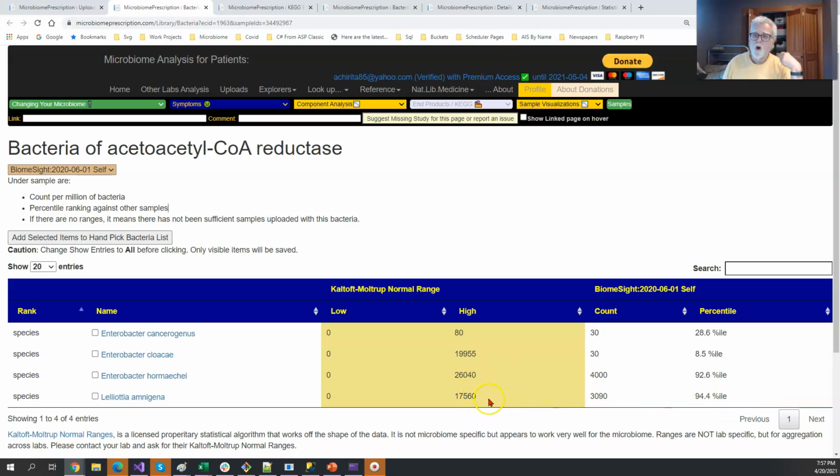So those two are relatively high for the population, which means that the enzyme production from a Biome Site sample, which is where this is coming from, would probably be high even if I adjusted it only for the Biome Site samples. So it's a bit messy, and all I can do is say I'm trying to do the best I can with the data available, and the more samples, the better the data becomes. So it's a matter of things adjusting over time as volumes of data come in.